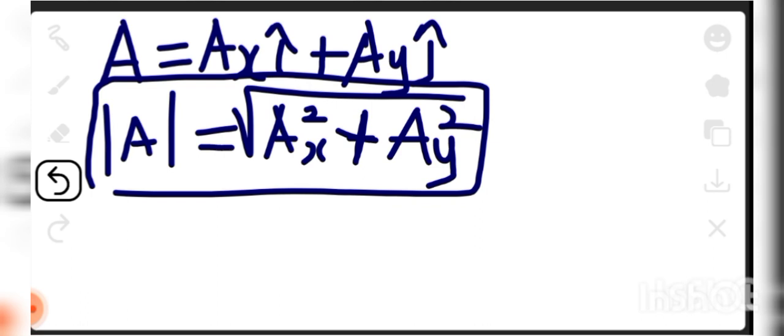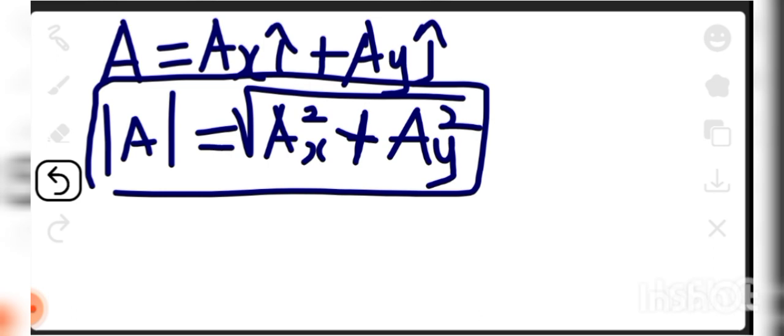Now, how do you get the direction of A? To get the direction of A depends on the quadrant in which the vector A is located. We have the first quadrant, second quadrant, third quadrant, and so on. Let's just do only one.